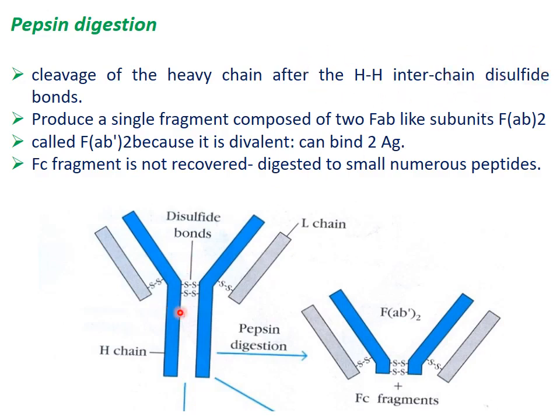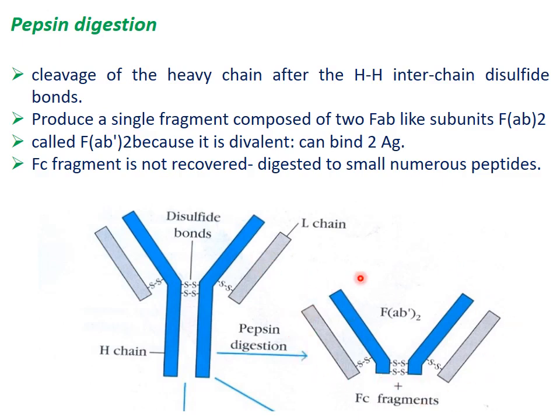So if it cleaves here, these fragments remain joined, isn't it? So it will produce F(ab')2, that means as a whole F(ab')2, not 2 FAB. Not 2 FAB, F(ab')2.